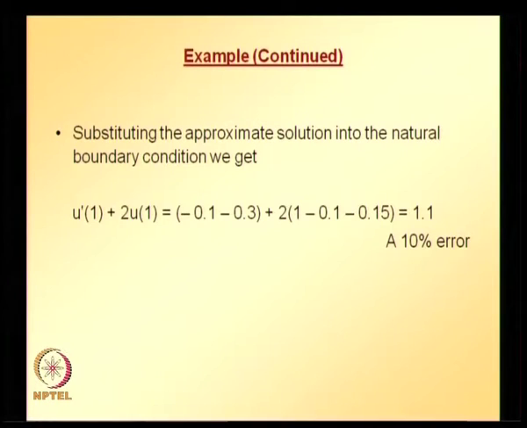If you want to reduce this error further, you can start with a higher order trial solution. You can start with a cubic trial solution or a quartic trial solution. So now we will solve the same problem using a cubic trial solution and see by how much percent this error reduces.